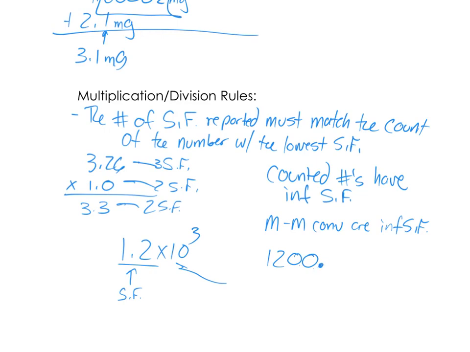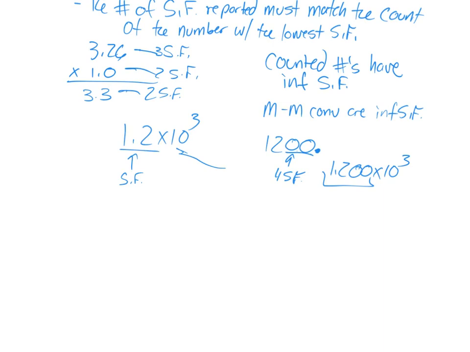Now, let's say I had this. This now has 4 sig figs, right? Both of these zeros are significant. So if I wanted to write it in scientific notation, this would be 1.200 times 10 to the third. So we can see scientific notation helps us with sig figs. And this is the easier way to write it. Like, let's say I had 1010. This is significant, right? So instead of writing it like this, I can do it like that. And it helps me to see what's significant and what's not.